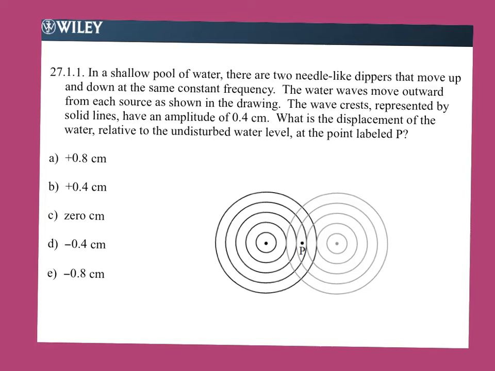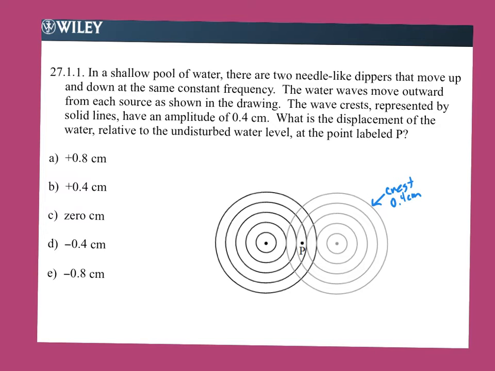All right, well, it told us that the line is a crest, okay, which has an amplitude of 0.4 centimeters, okay?